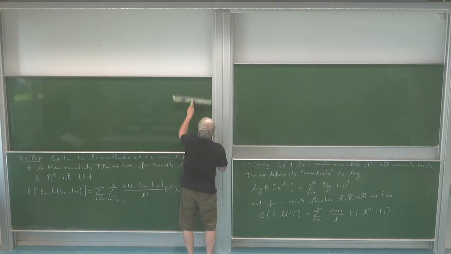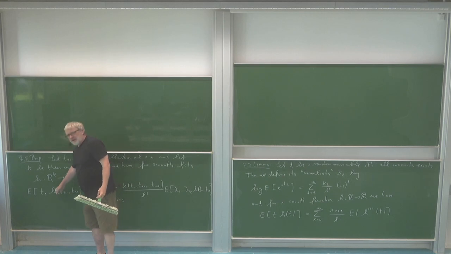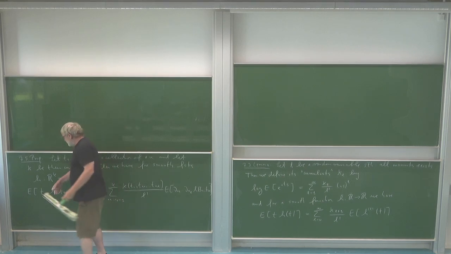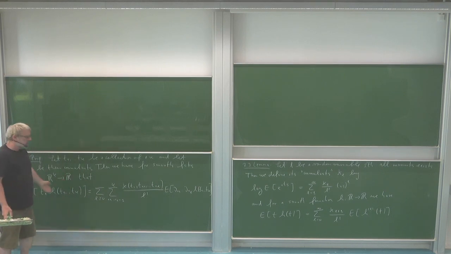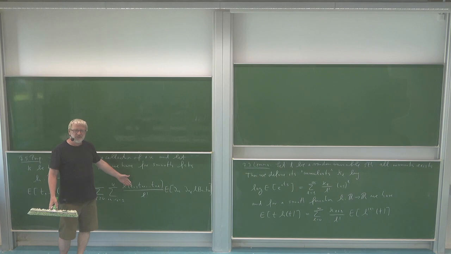And of course, this becomes useful to make contact with moments: we can now choose a specific function h, namely just products of the variables, because then we just have moments here. Then we have relations between the moments, which also involve the cumulants.